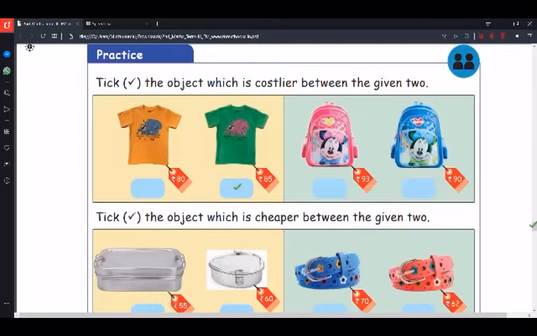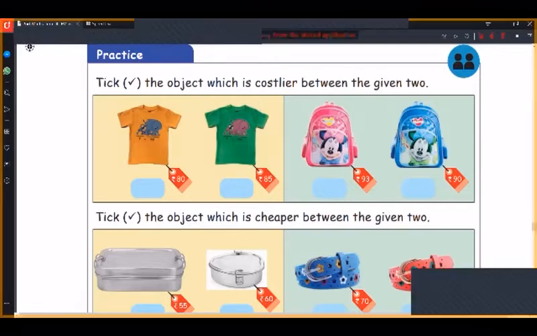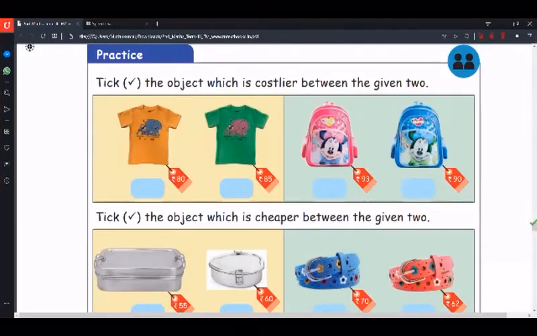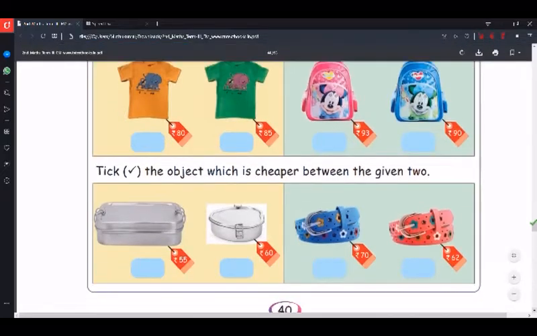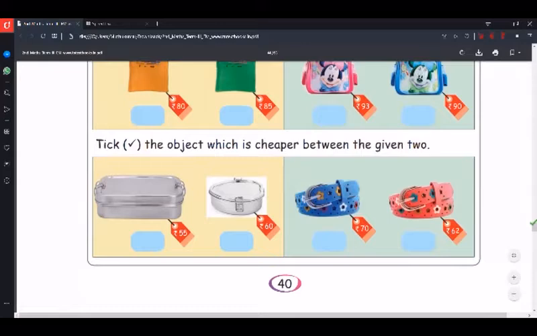Which is costlier in this? 93, isn't it? So, tick the pink bag. The next one. Tick the object which is cheaper between the given two.